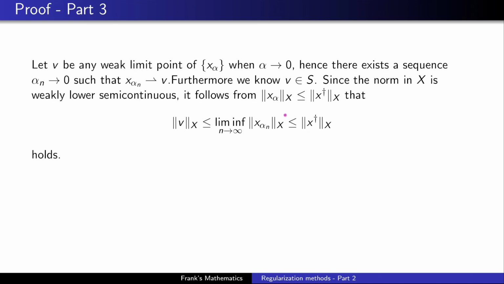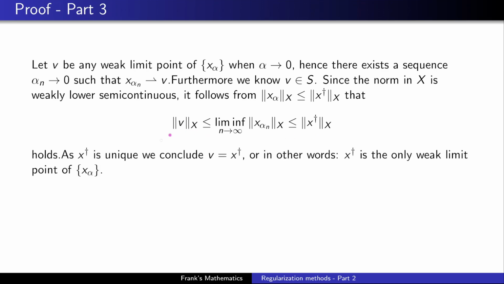Here we make use of the fact that our sequence x alpha is bounded in the norm of X by the norm of x dagger. So this is a direct consequence here. We know even more. We know that x dagger is the unique minimizer of the norm in S. So by the uniqueness of x dagger, we can conclude that v is in fact x dagger. Or to put it in other words, x dagger is the only weak limit point of our sequence x alpha.